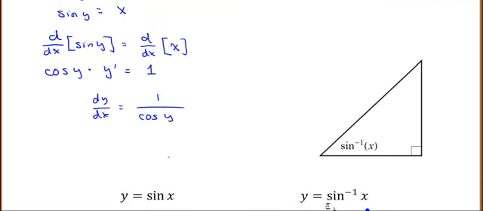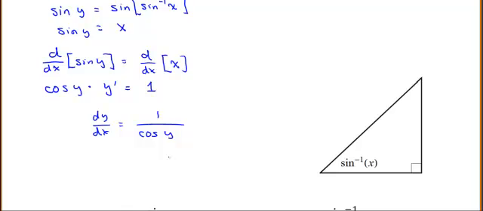Well, we know that y is equal to sine inverse of x, so dy/dx is going to be the same thing as 1 over cosine of sine inverse of x.